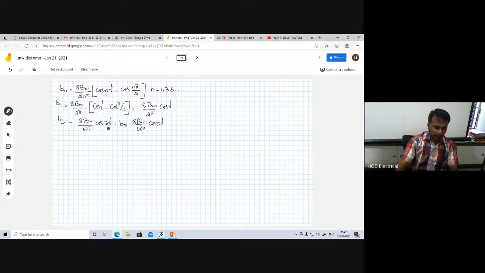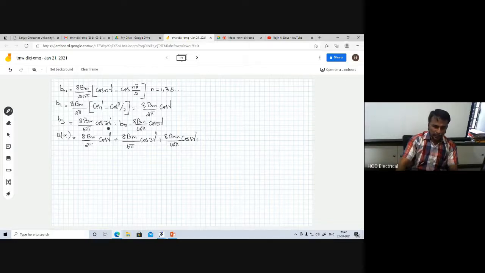So now let me write all these equations in B alpha. B alpha is 8 Bm by 2 pi into cos gamma plus 8 Bm by 6 pi into cos 3 gamma plus 8 Bm by 10 pi into cos 5 gamma plus etc.